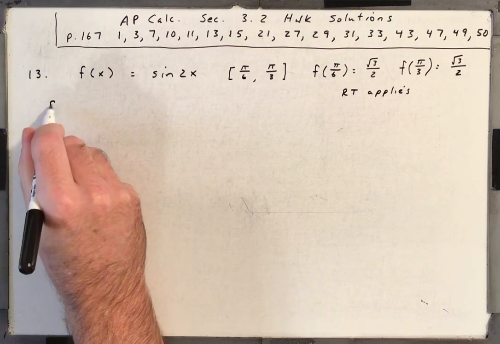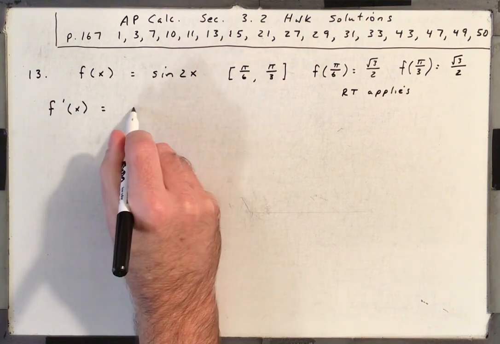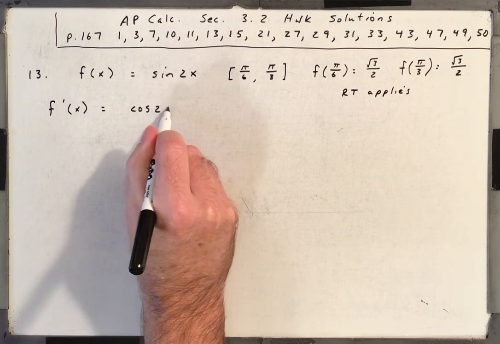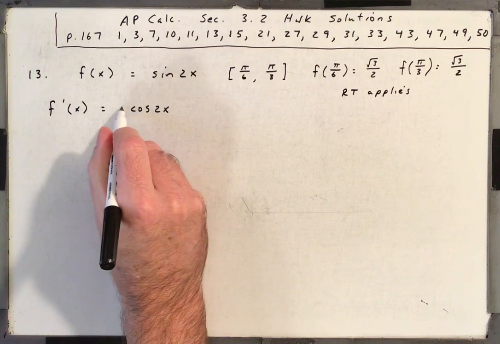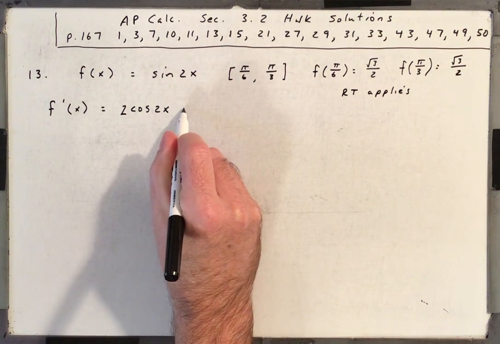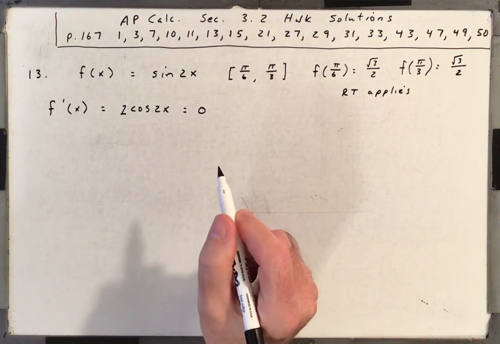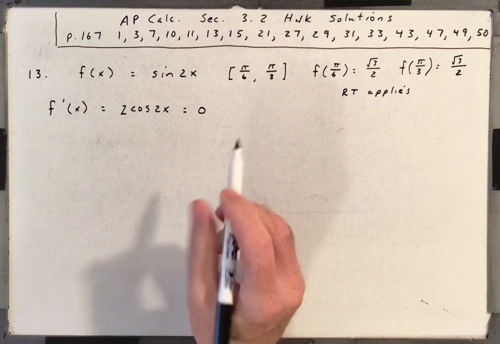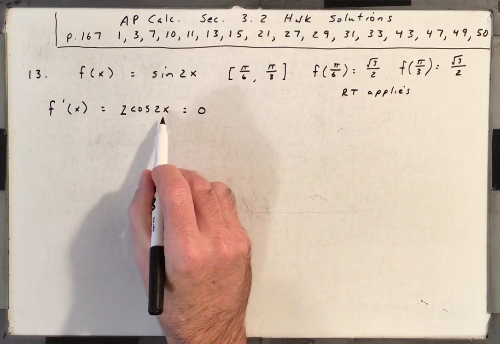So let's take the derivative. That's going to be cosine 2x times the derivative of the block, 2x, that's 2. So I'm going to bring that 2 out front. Let's set that equal to 0. All right, so where is cosine 0?